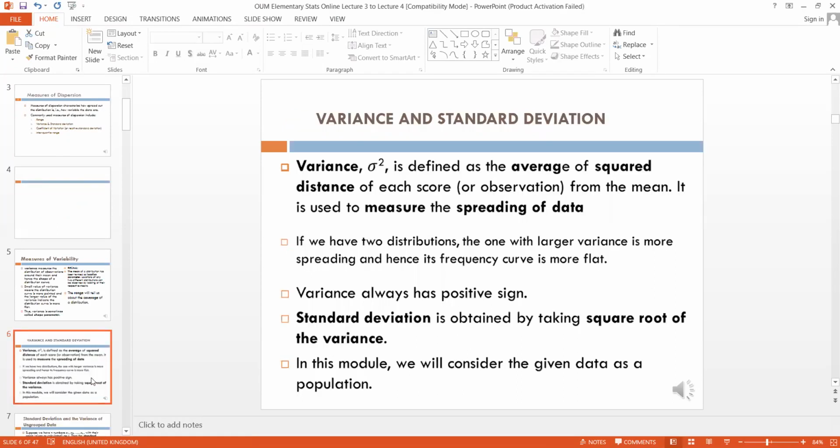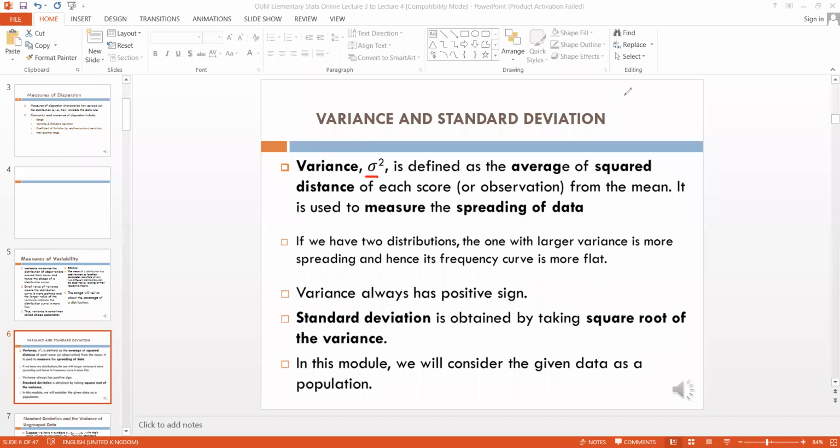So this is what we wanted to talk about. The variance, denoted as sigma squared, is defined as the average of the squared distance of each observation from the mean.